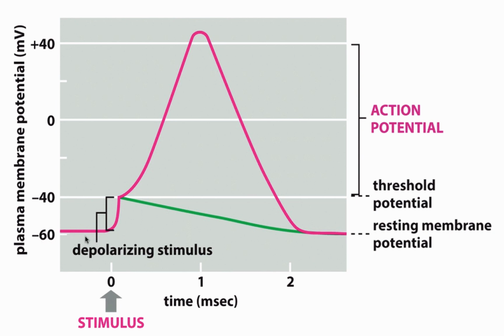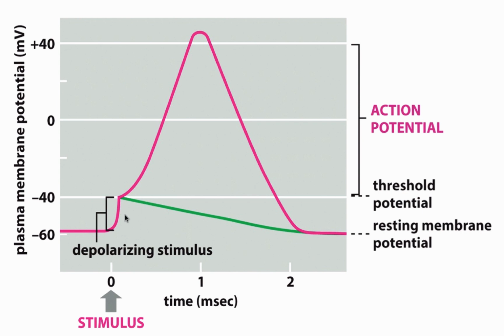And as you see here in this line, that membrane potential is usually around -60 millivolts. Now, if you give a brief electrical stimulus to the membrane, that will make the membrane more positive.